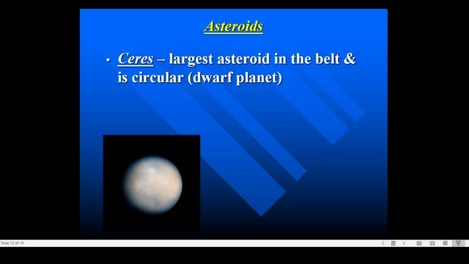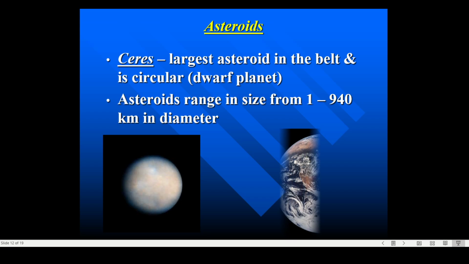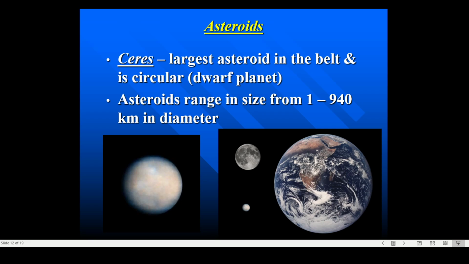By the way, talking about asteroid impacts, well, first of all, most asteroids range in size, and there's a huge range here, between 1 and 940 kilometers in diameter. But as I said, for the most part, we are largely protected.